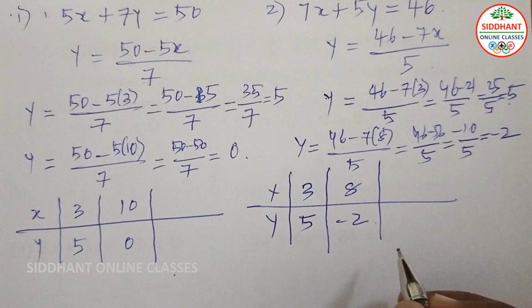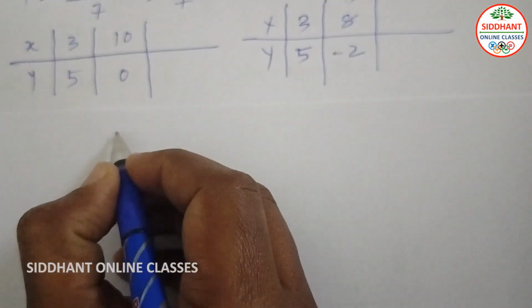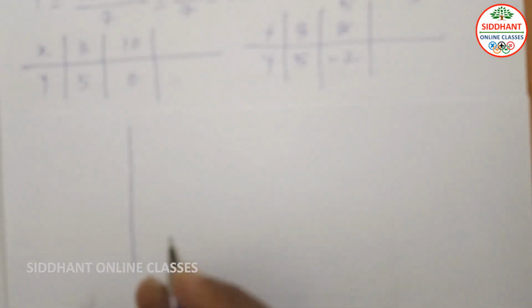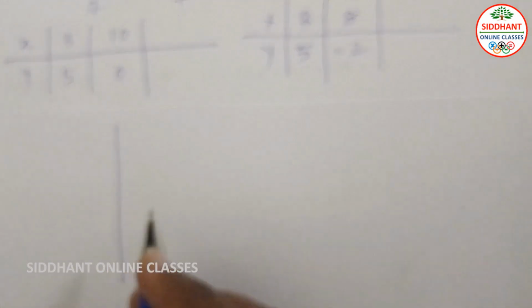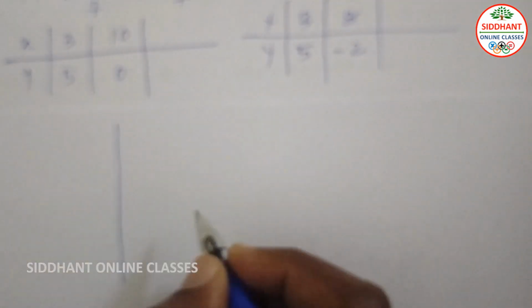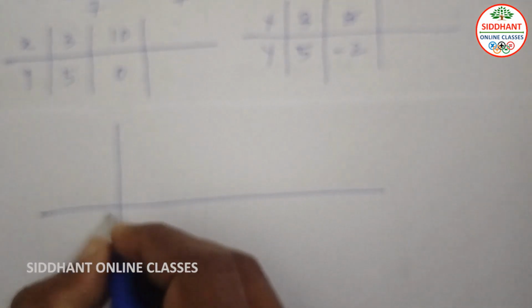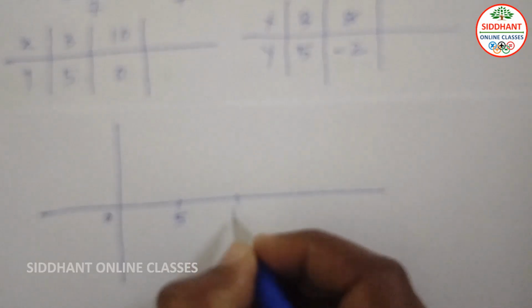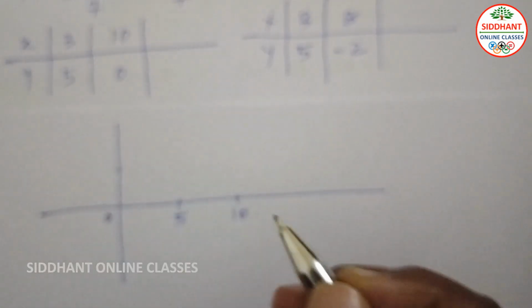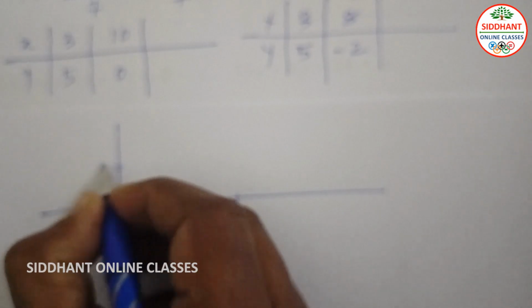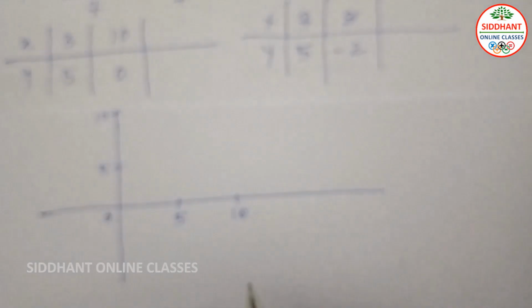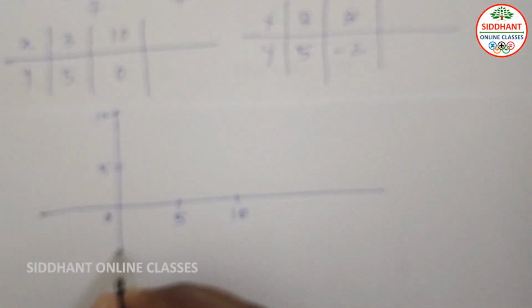So now we are going to see it graphically. Taking the graph, here 0, 5, 10, 5, 10, and minus 5.